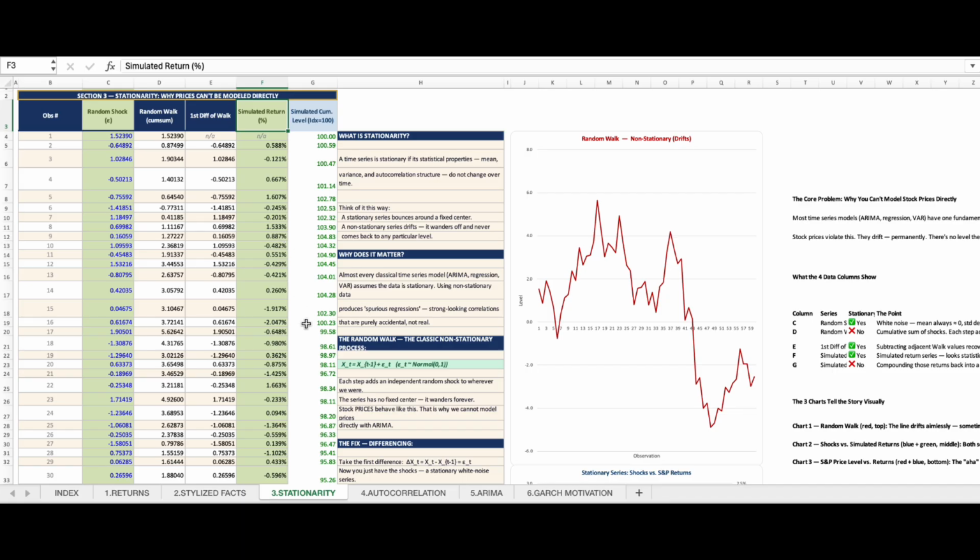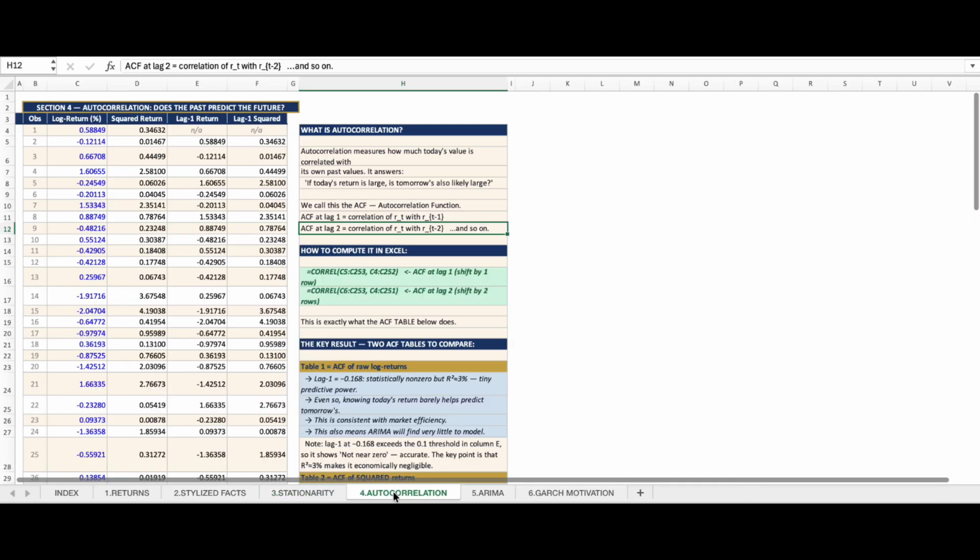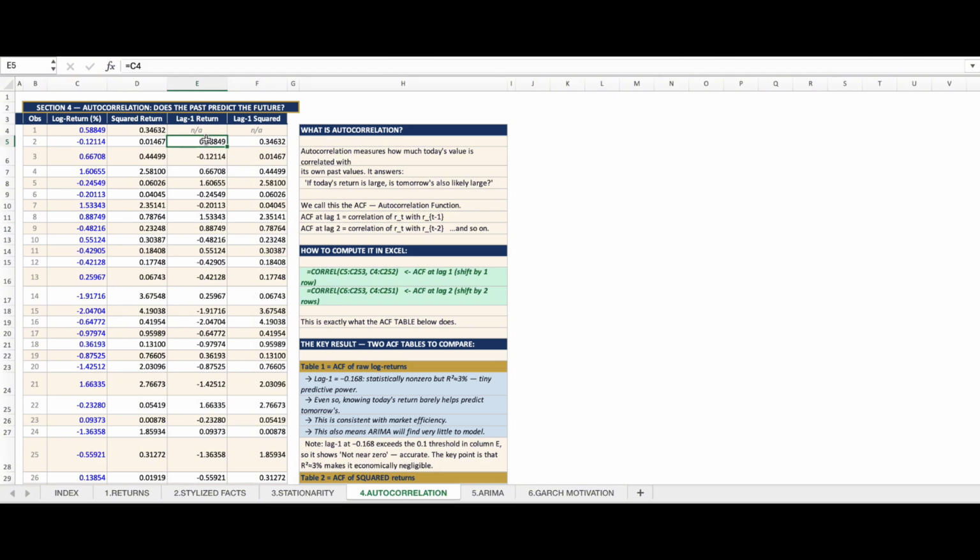Now let's look at this important section of autocorrelation. Autocorrelation means how much a series is correlated with its own past values. At lag 1, it asks how correlated is today's return with yesterday's return. At lag 2, how correlated is today's return with the return from 2 days ago, and so on.